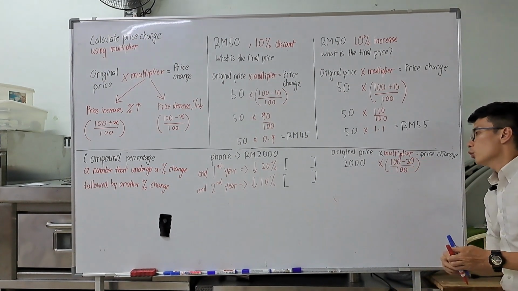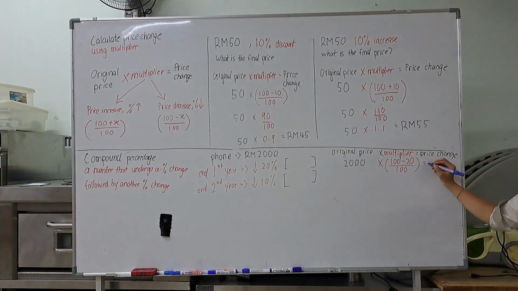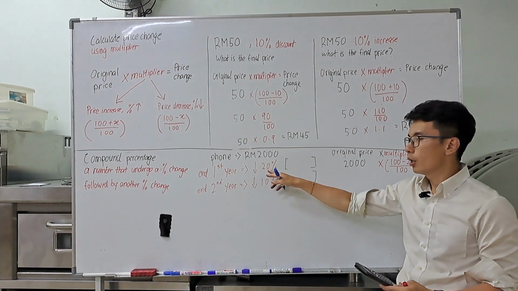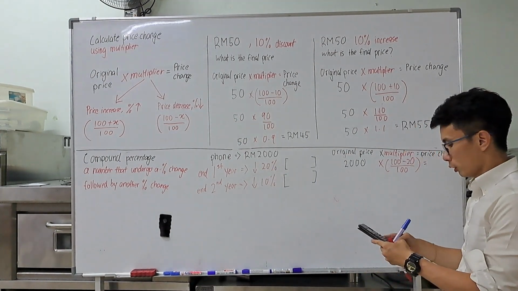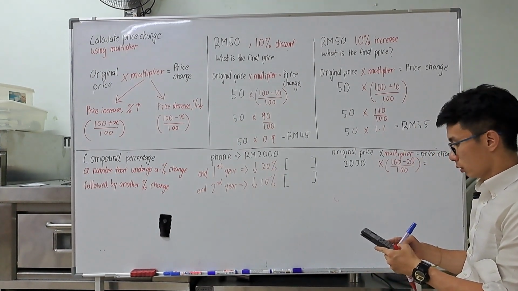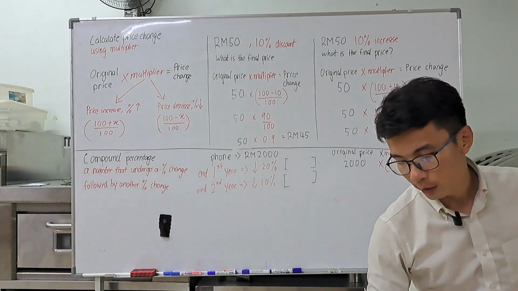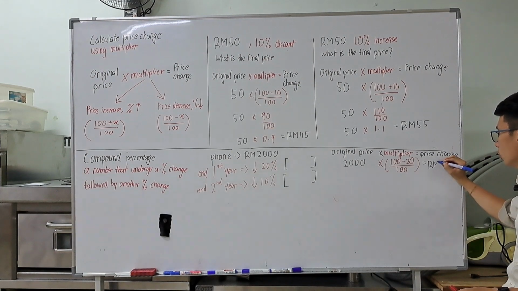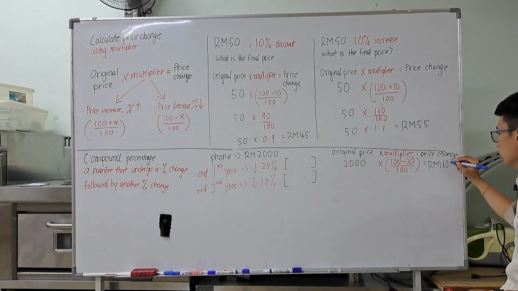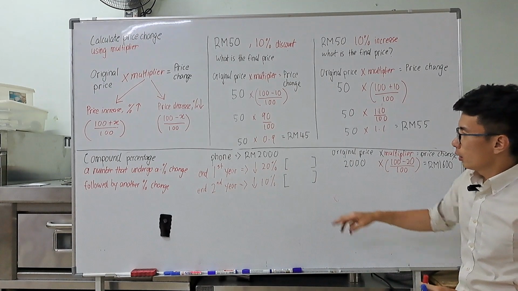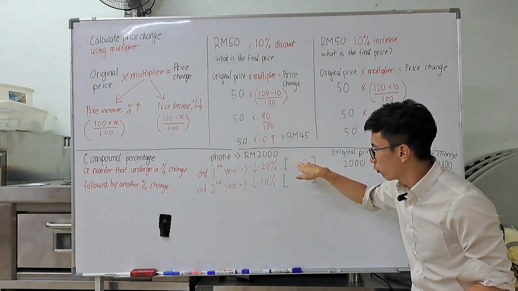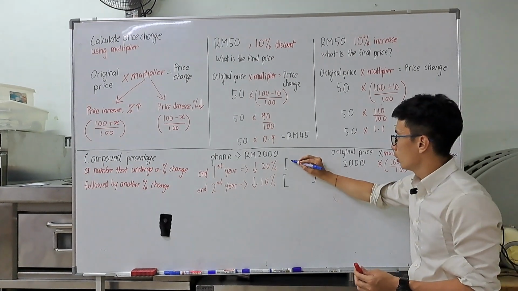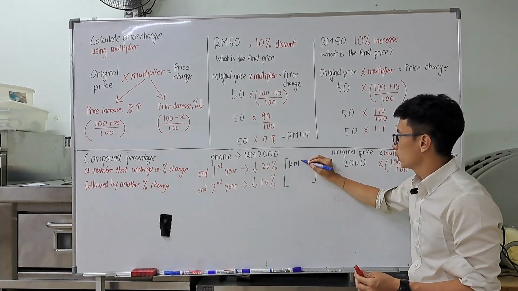You can calculate this in your calculator very quickly, and it should give you the price after the 20% reduction, which is 1,600. So at the end of the first year, that is your new price, 1,600.